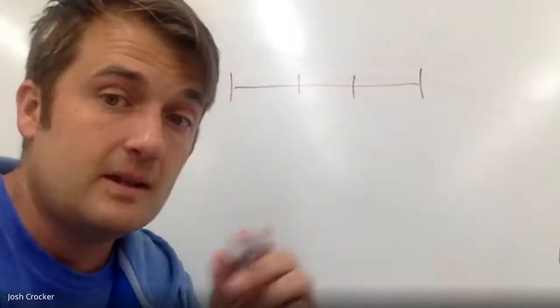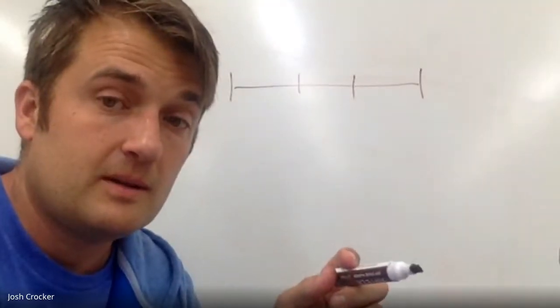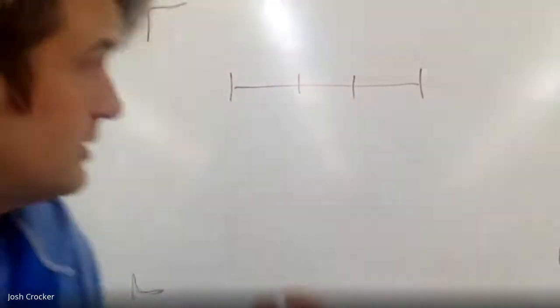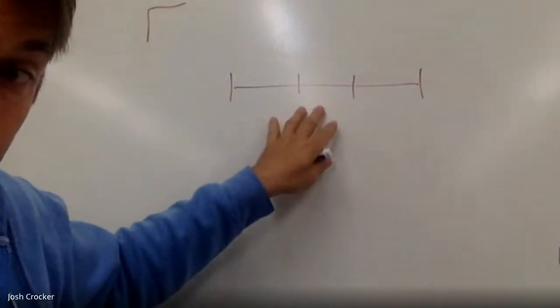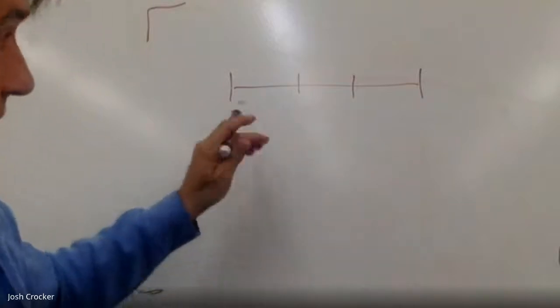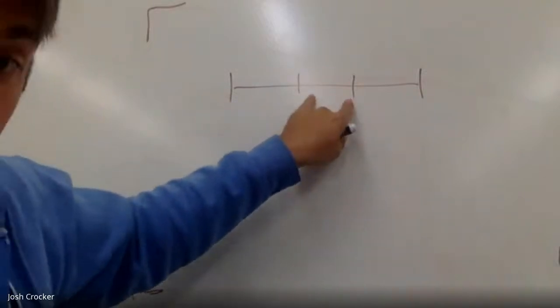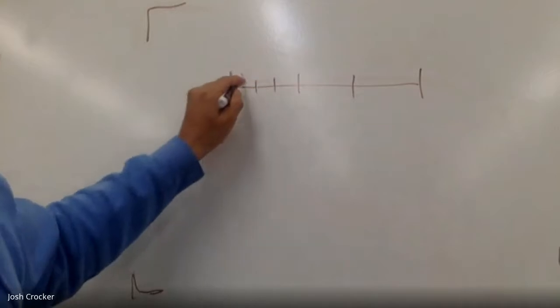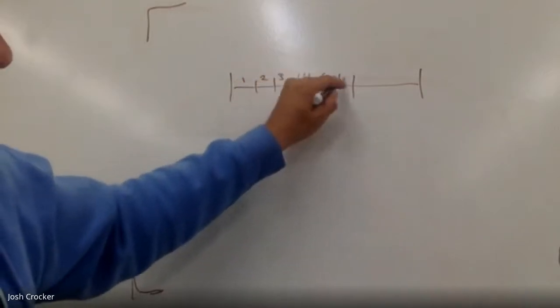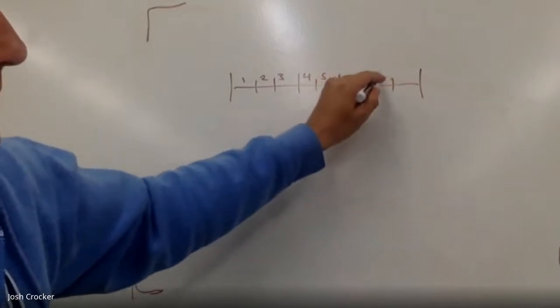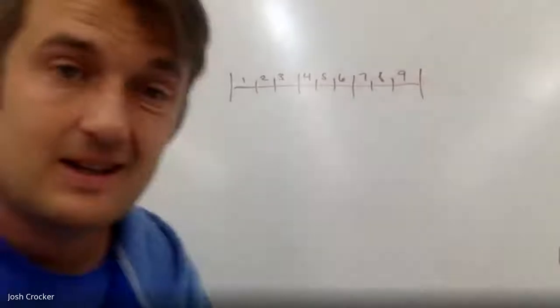And now if I cut each one of those up into 3, that'll give me 9. So look, how I took this whole big number line, I drew 2 lines that made thirds. I'm going to do that to each section. So look, 1, 2, 3, 4, 5, 6, 7, 8, 9.